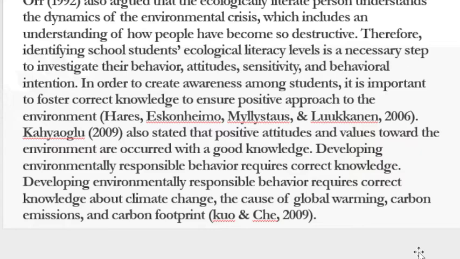Developing environmentally responsible behavior requires correct knowledge about climate change, the cause of global warming, carbon emissions, and carbon footprint. We have to know the underlying problems, the existing problems that our country or this earth is currently having, so that we will be able to give correct solutions.